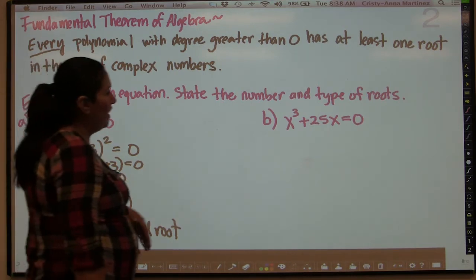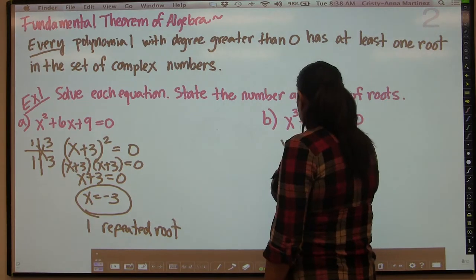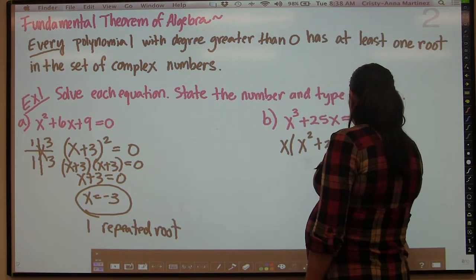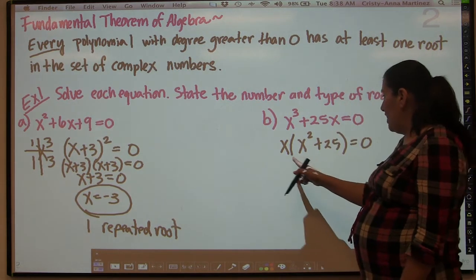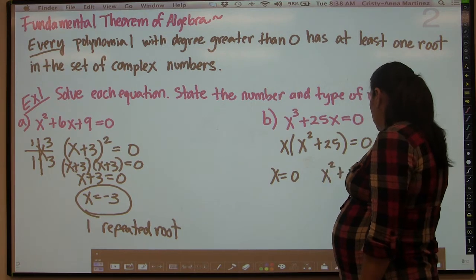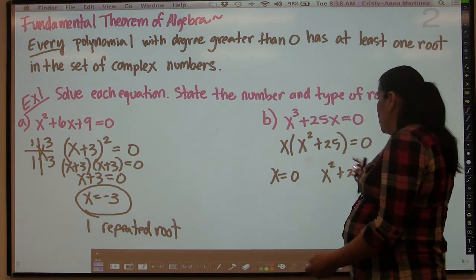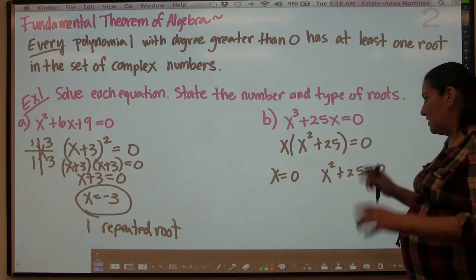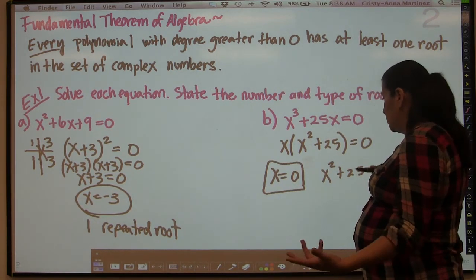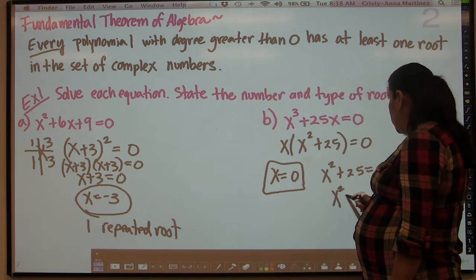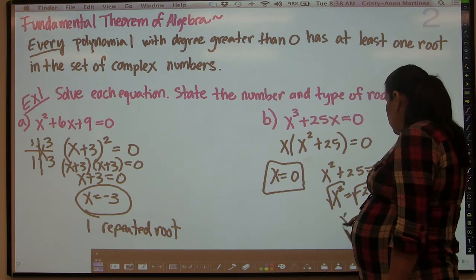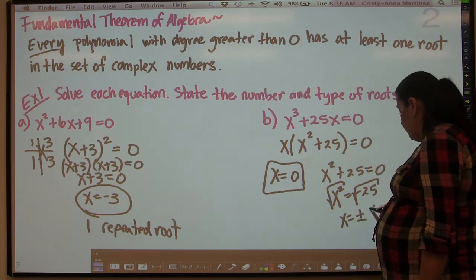Over here, we factor out the x and get x squared plus 25 equals 0. So either x equals 0 or x squared plus 25 equals 0. This time my factors aren't the same, so I have two separate problems to do. There's one of my zeros, or roots, or solutions. Over here I continue and get x equal to plus or minus 5i.